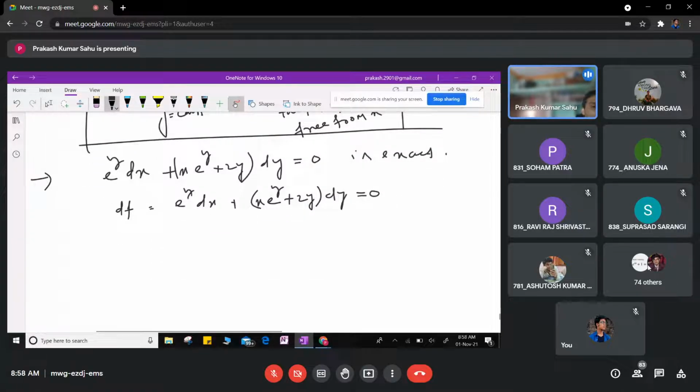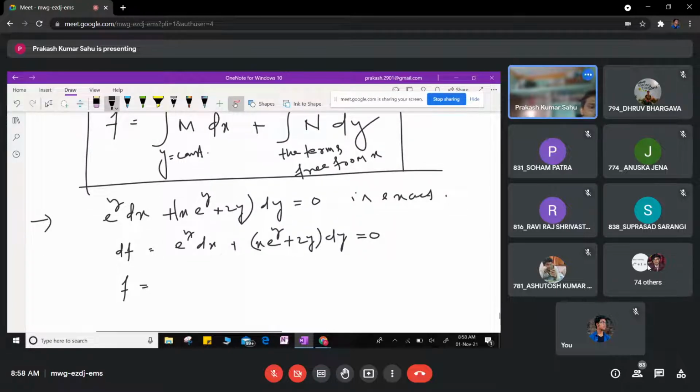So now, what is your f? Your f, as per this formula, is the integration of m, e to the power y dx, where y is a constant, plus the integration of n, that is, the terms free from x.